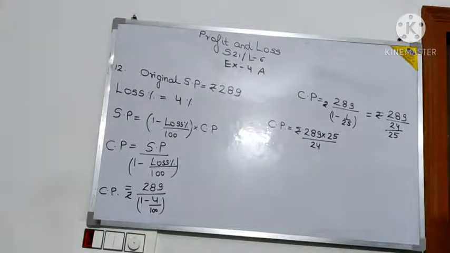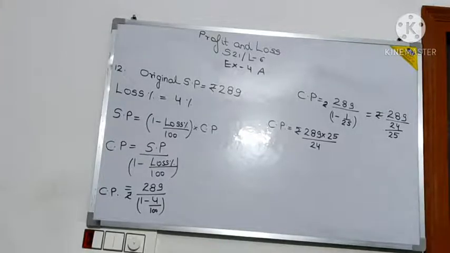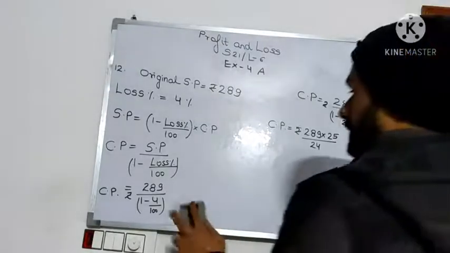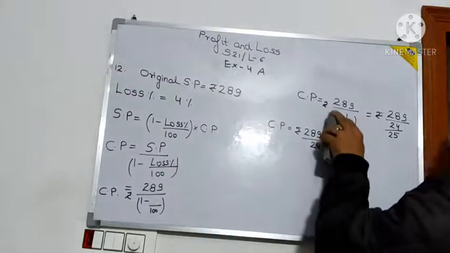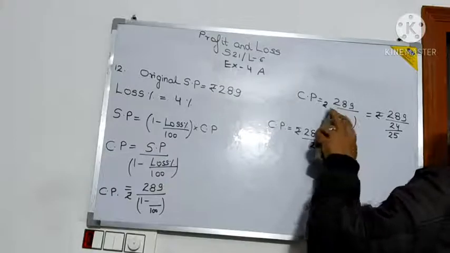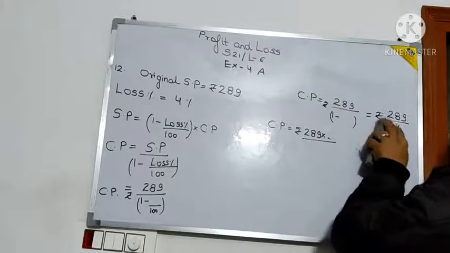That way it will come. So here the loss is 15% and not 4%. It is not 4%, it is 15%. This thing will change. The data was misread.